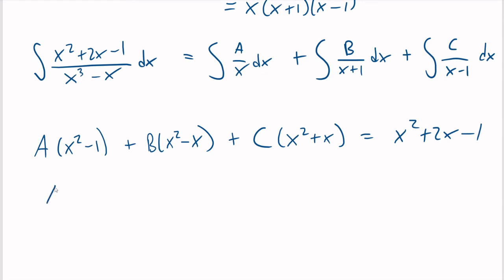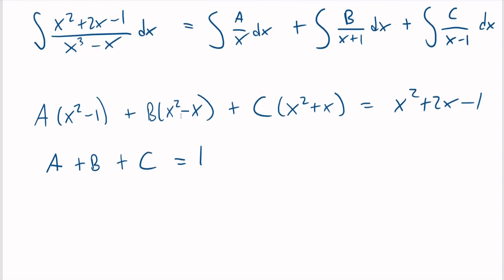So what's this tell me? It tells me Ax squared plus Bx squared plus Cx squared needs to equal 1x squared. Right? All the x squareds need to be equal. Okay, what about the x's? Well, there's no x here. So you don't need to put a 0, but I'm going to do it. There's a minus B on this x, right?